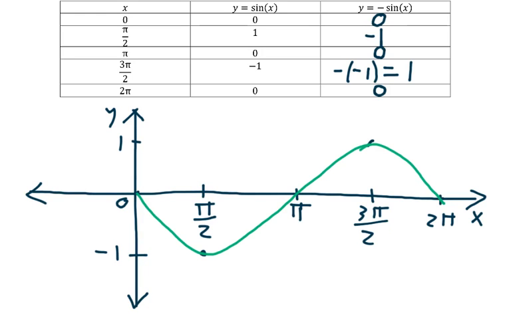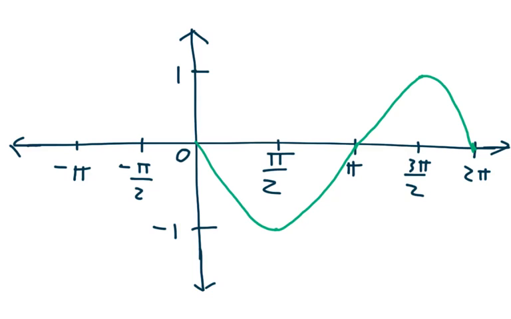So that's what y equals negative sine of x will look like in this interval from 0 to 2 pi.